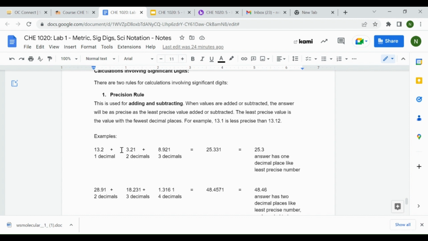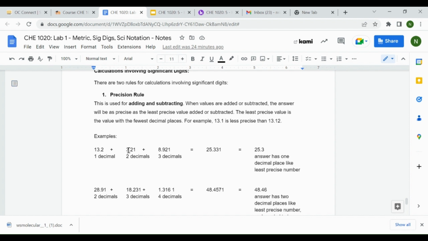Now, I can only be 100% sure of the tenths place. I don't know what the other values here might be because we didn't measure it to the hundredths place or thousandths place. Over here, we measured to the hundredths place, but there could be a number between 1 and 4 that's here.